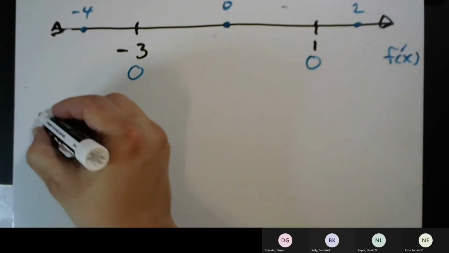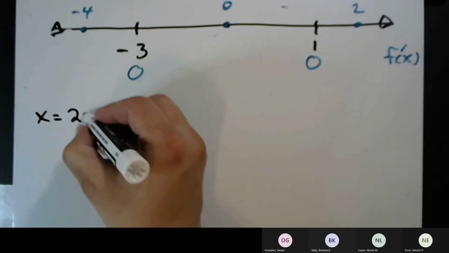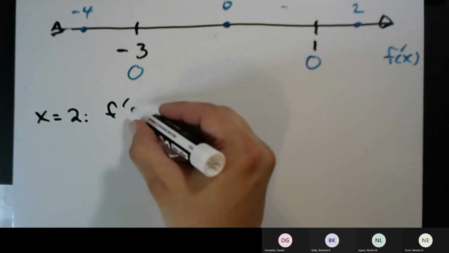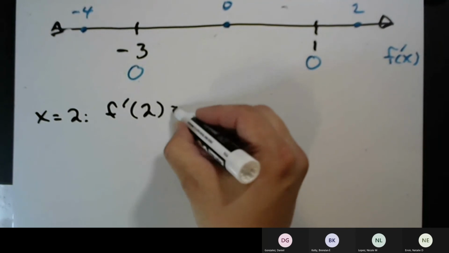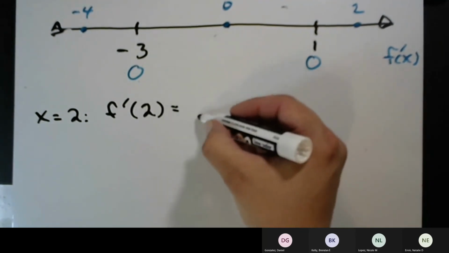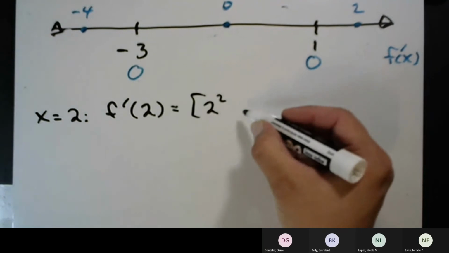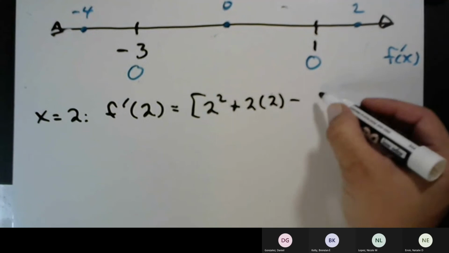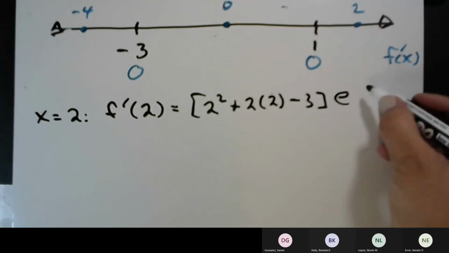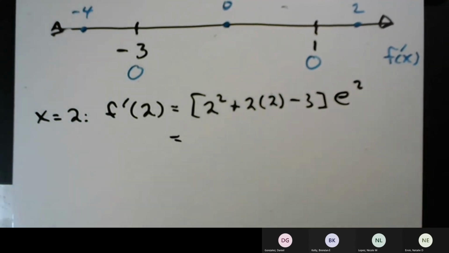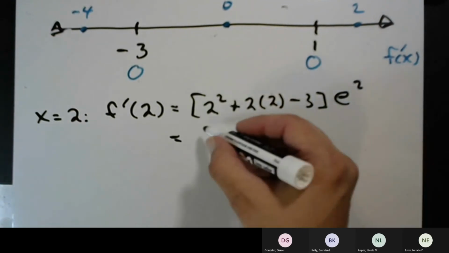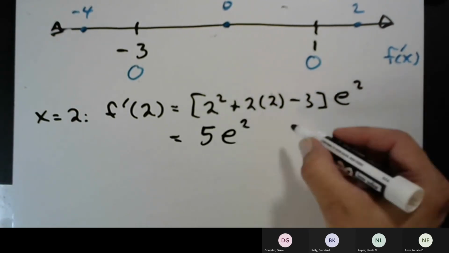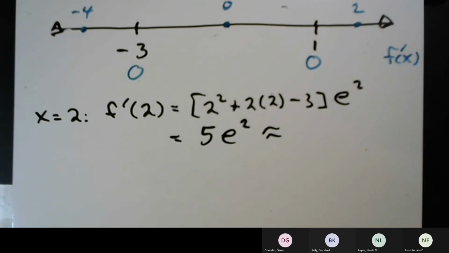Finally, for x equals 2, f prime of 2 is going to be 2 squared plus 2 times 2 minus 3 e to the 2, so we'll get 8 minus 3 e squared, and again we'll approximate this.